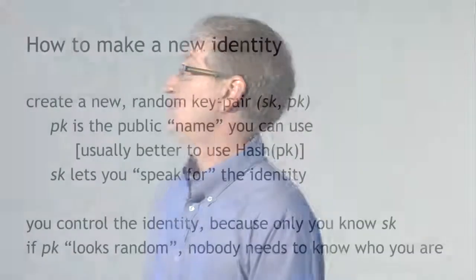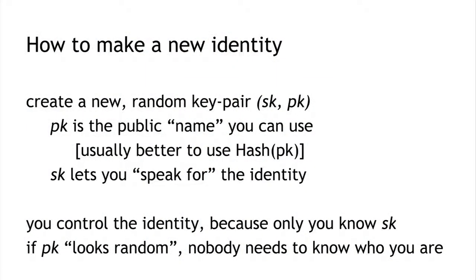So if we're going to treat public keys as identities, one of the consequences is that you can make a new identity whenever you want. If you want to make a new identity, you just create a new random key pair, SK and PK, by doing the generate keys operation in our digital signature scheme. PK is then the public name that you can use.